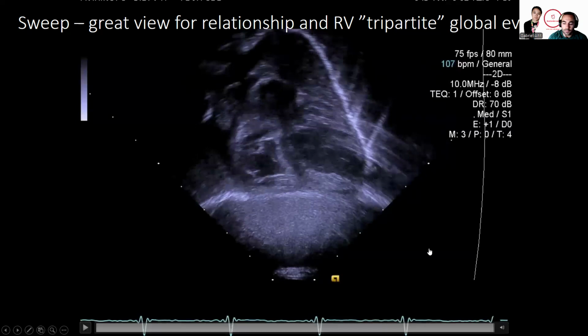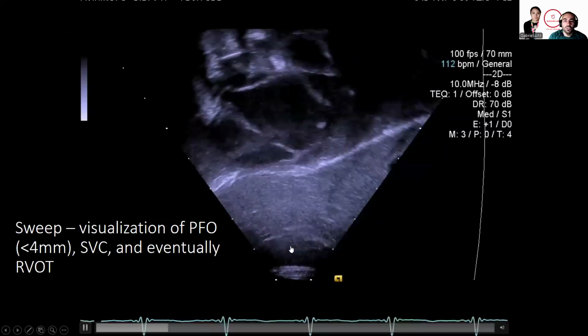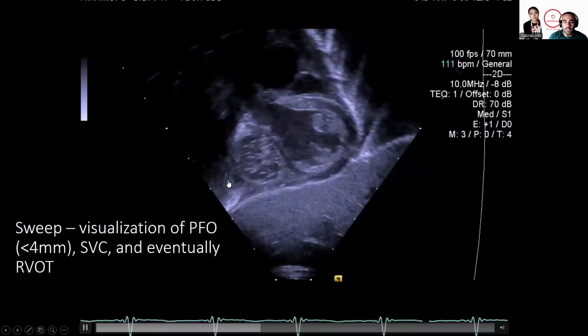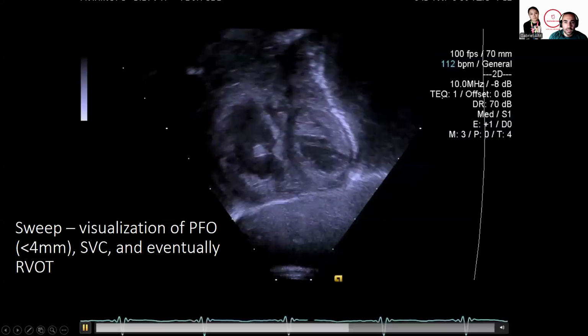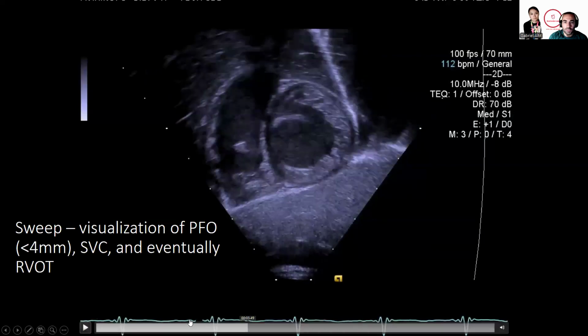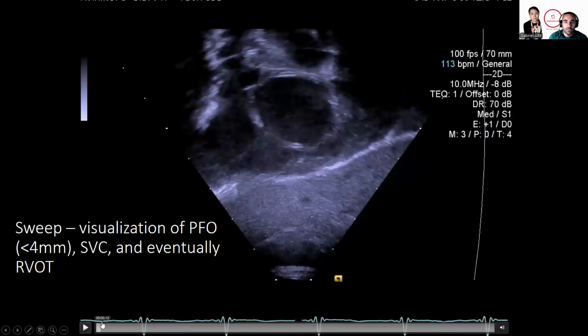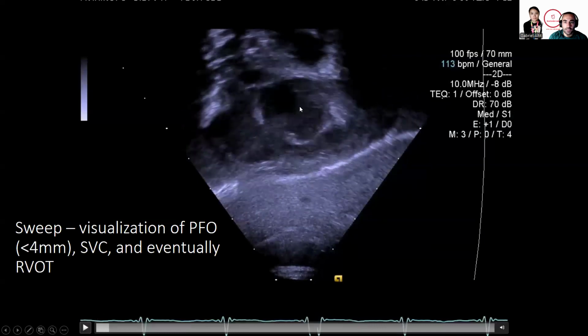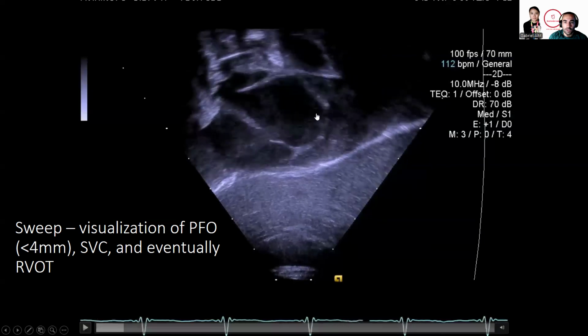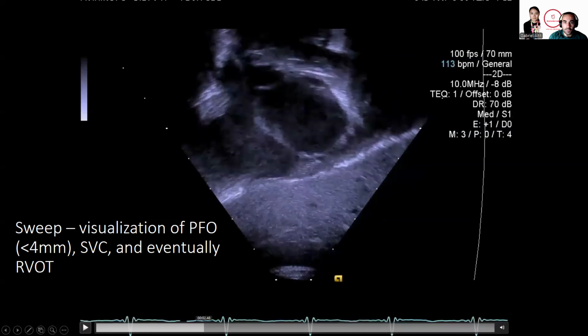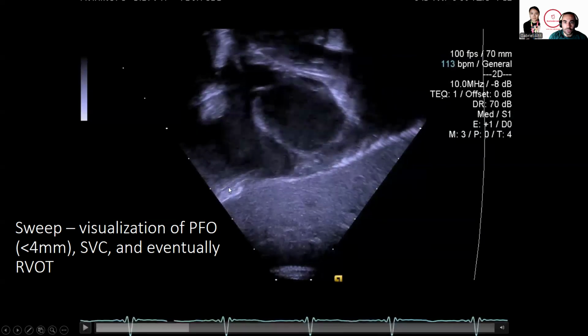Yeah, perfect. So this is just a view focusing on the atrium at the beginning, but towards the end of the clip, we get a sweep. So here we have, again, to reinforce, right and left atrium with the interatrial wall. There's a small defect within this wall. And as we go more anteriorly, we actually see the superior vena cava entering the right atrium.